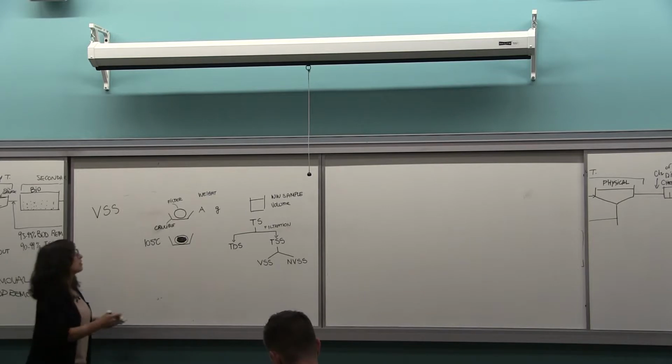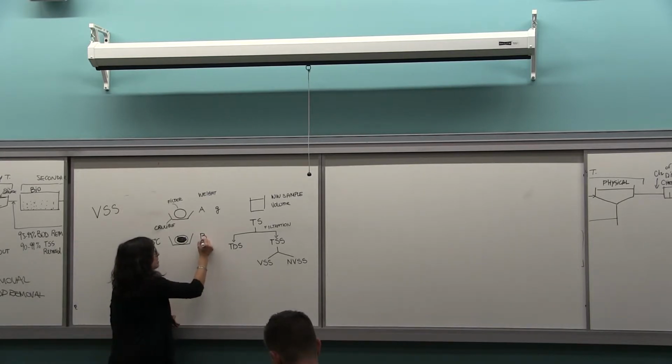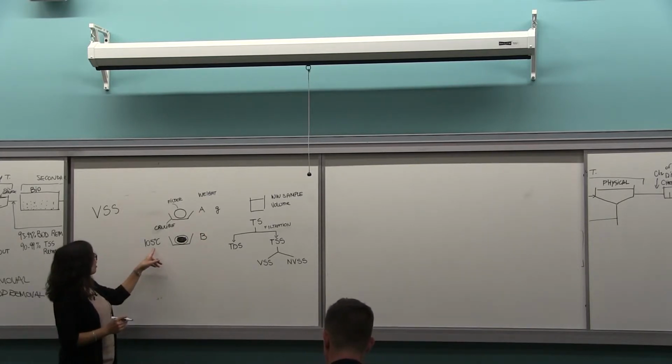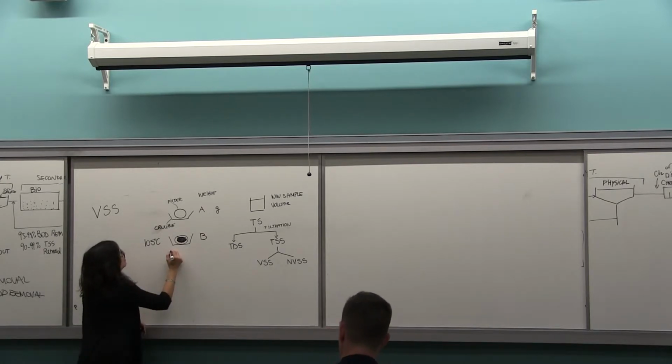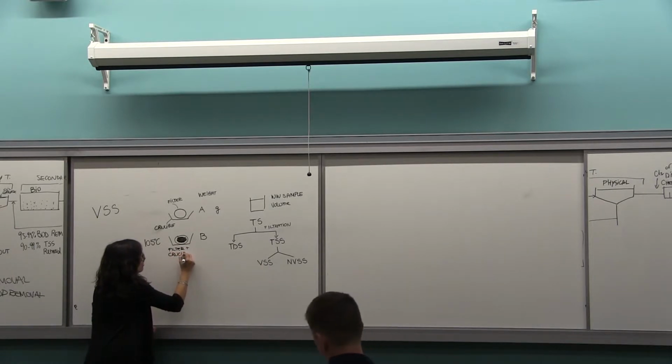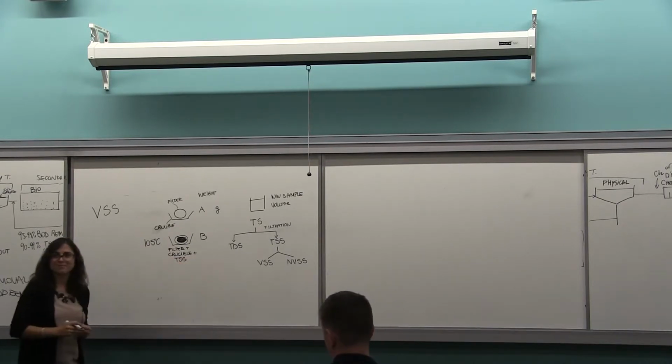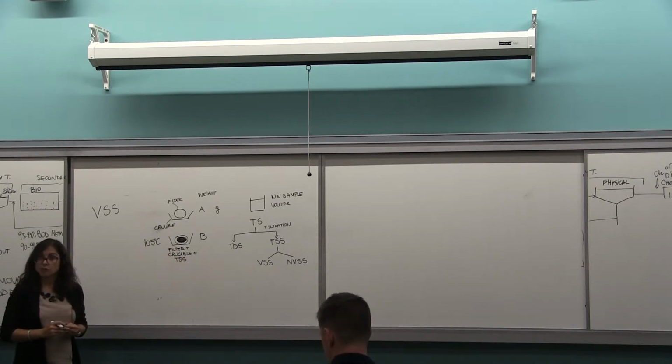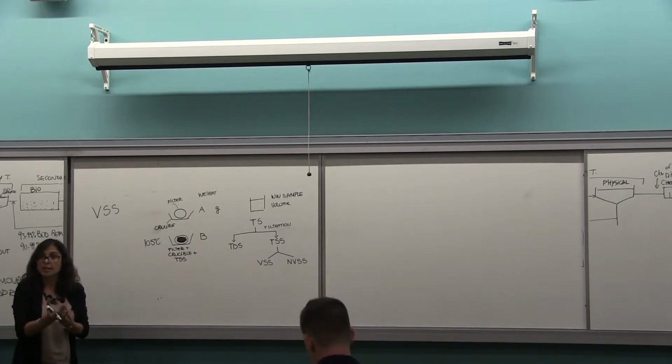What I'm left with, I can measure as B, the weight of the filter plus crucible plus total suspended solids, in grams, because I can weigh that.